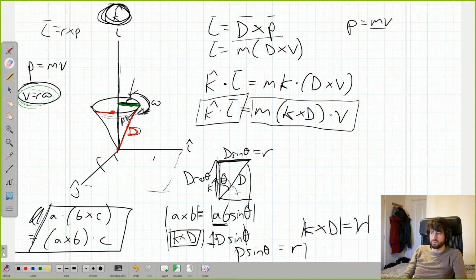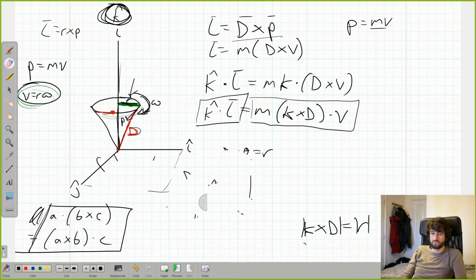I'm going to erase all this now because it's in the way. The magnitude is R, the horizontal distance from the axis.